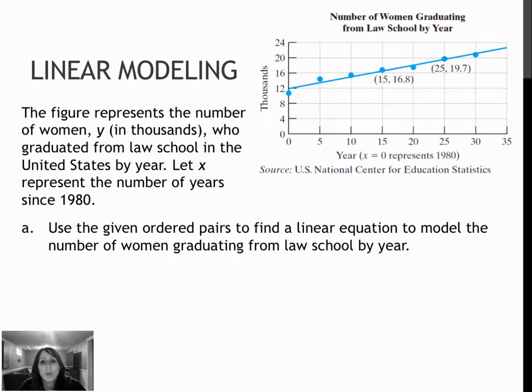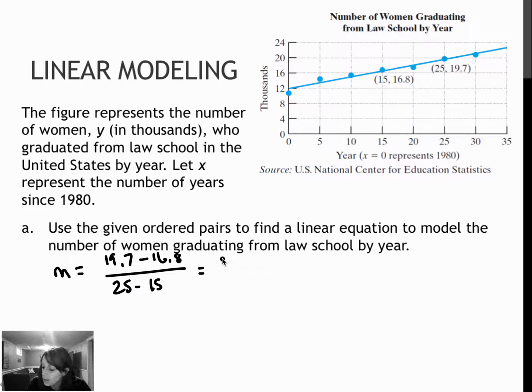Our last example also has several parts, so this is sort of putting it all together. Now we've got a function here. We don't know the equation this time, but they're asking us to use these 2 points that they have plotted for us to find the equation. So now we're going to go through that full process where we're first going to find the slope, y2 minus y1 over x2 minus x1.